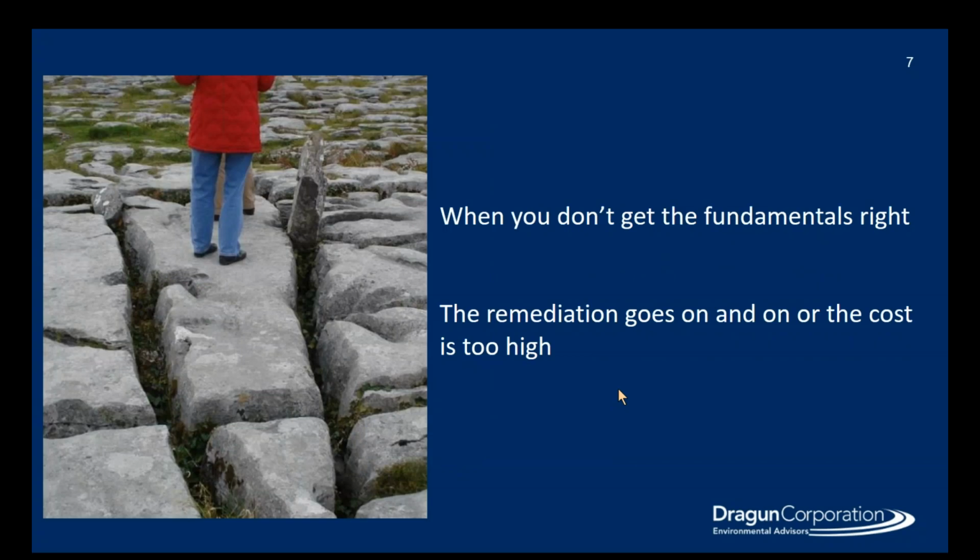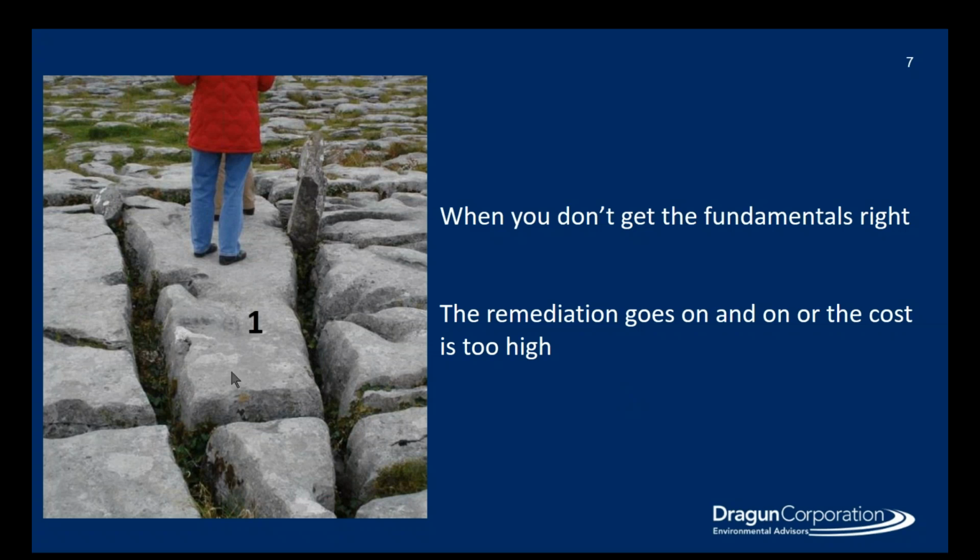Finally, another example of where a conceptual site model can go wrong. If you don't get the fundamentals right, the remediation will go on, or the cost will be too high. This site here, for example, imagine if this site was covered with soil.